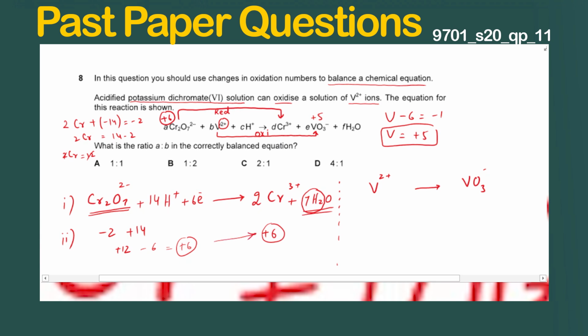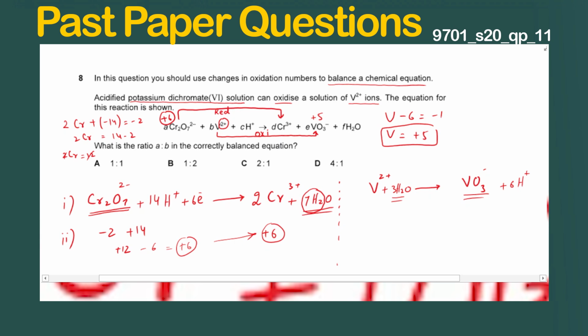Similarly, we have to do the same thing on the right hand side. V2+ is converting into VO3-. There are 3 oxygen atoms, so I have to put 3 H2O molecules here. In this way, there are 6 hydrogen atoms, so I have to put 6 hydrogen ions here. Now balance the charges.